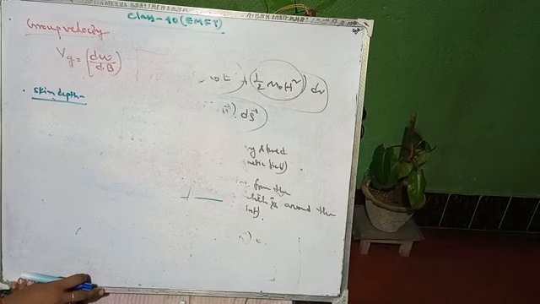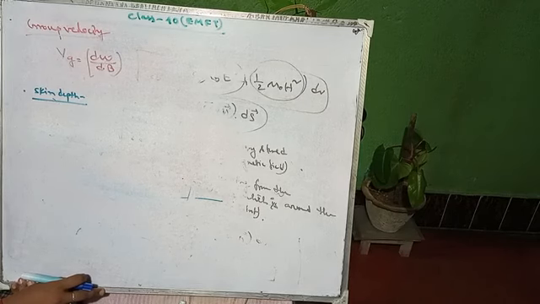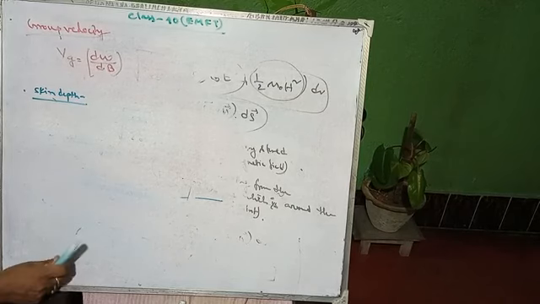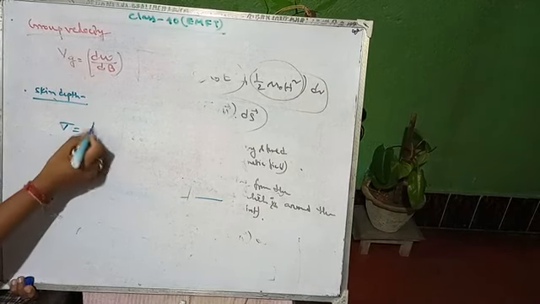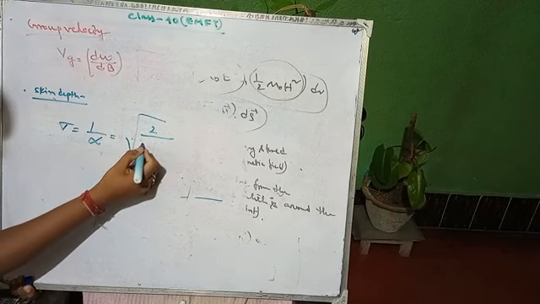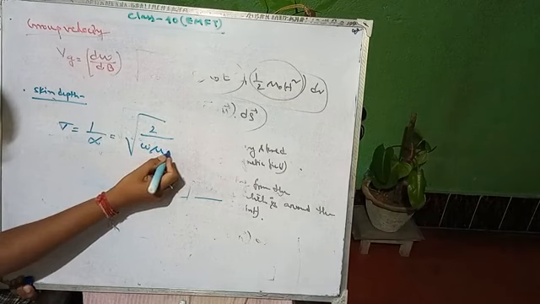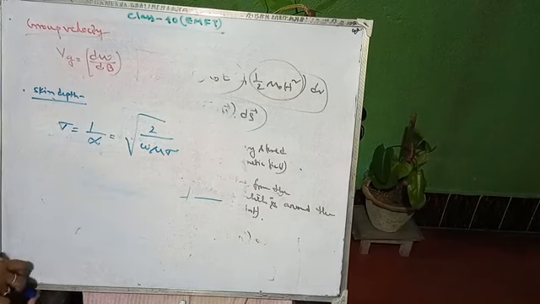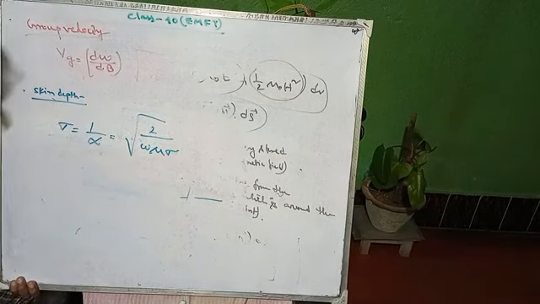For a good conductor, the depth of penetration is delta equals 1 by alpha, where alpha is the attenuation constant, and the formula is root over of 2 by omega mu sigma.